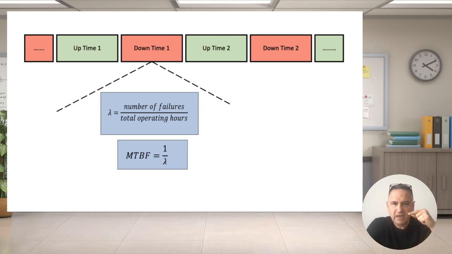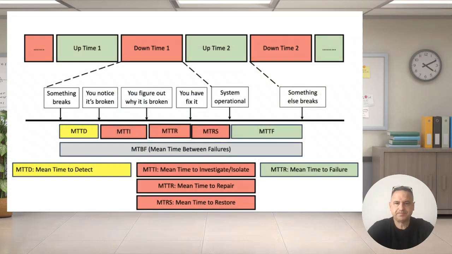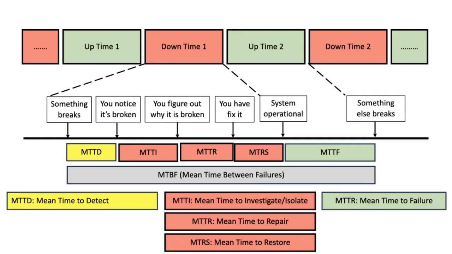Now I will give more information about the downtime. My friends, let's go over it like this. As you see here, something breaks, and we get notice that it's broken.